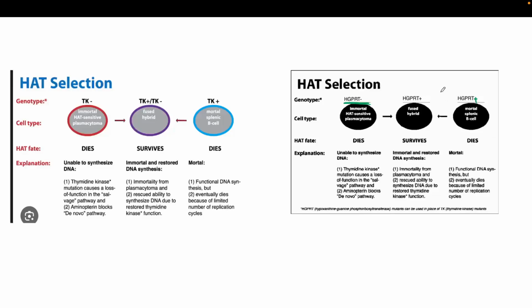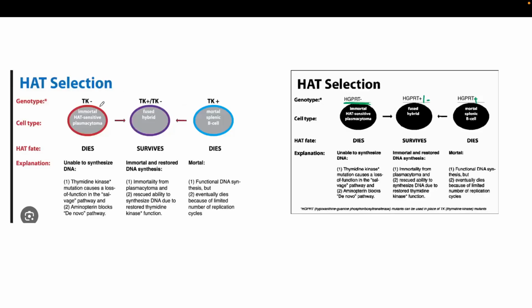Whereas the hybrid cell, which has the properties of both cells, HGPRT positive as well as HGPRT negative, will survive because it has the capacity of both cells: it can produce the antibody, as well as multiply. So this is the whole idea of HAT selection. Likewise there is another enzyme, thymidine kinase, but the major enzyme is HGPRT.